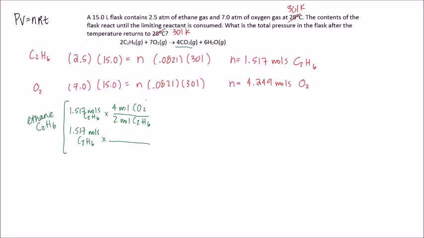I went ahead and made sure that the equation is balanced, but in a lot of problems like these, the equation is unbalanced, and using the mole-to-mole ratios that you see in the unbalanced equation will definitely mess up your calculations. Our second product is water, 6 moles of H2O over 2 moles of C2H6. So you see we're using the mole-to-mole ratio given in this balanced equation to find the amount of moles produced for each product.